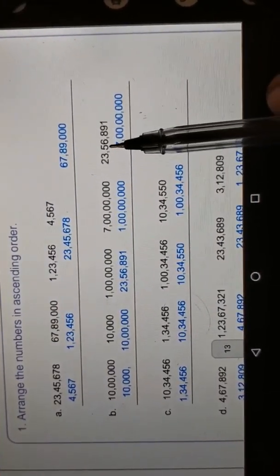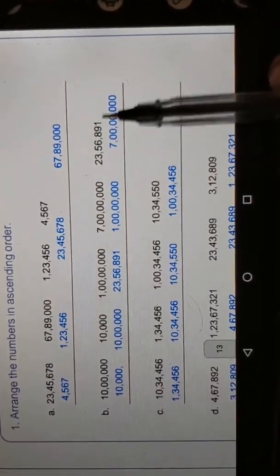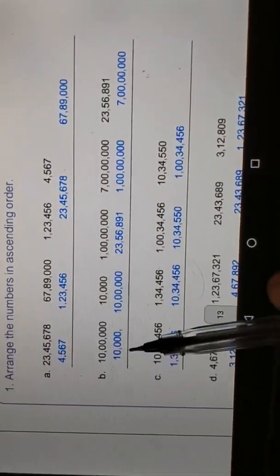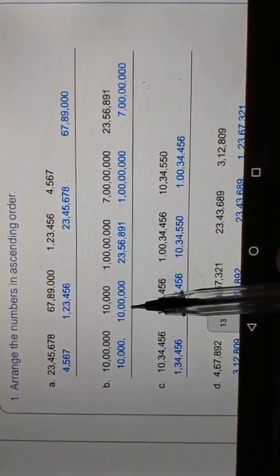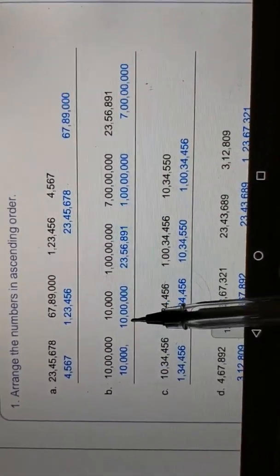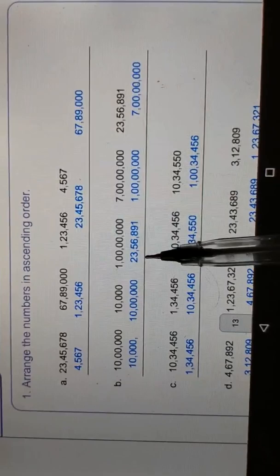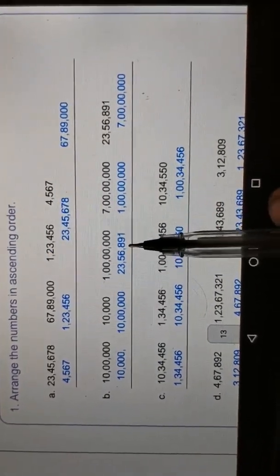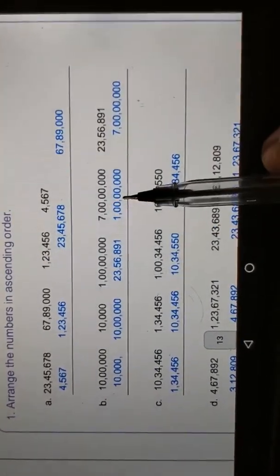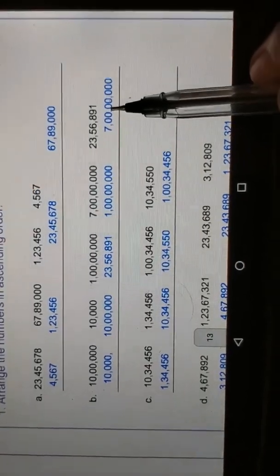23 lakhs 56,891 is there. So first of all we have to write 10,000, then we have to write 10 lakhs, then 23 lakhs 56,891, 1 crore and 7 crore.